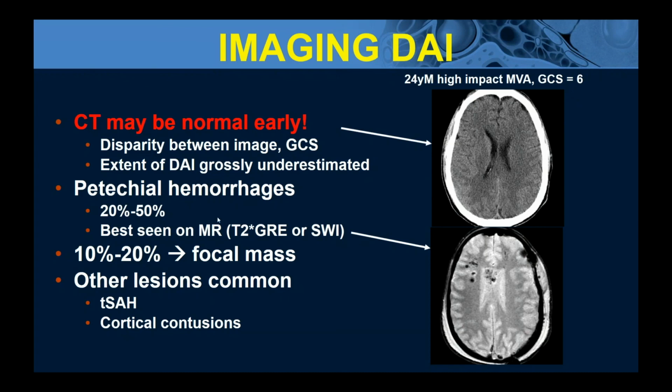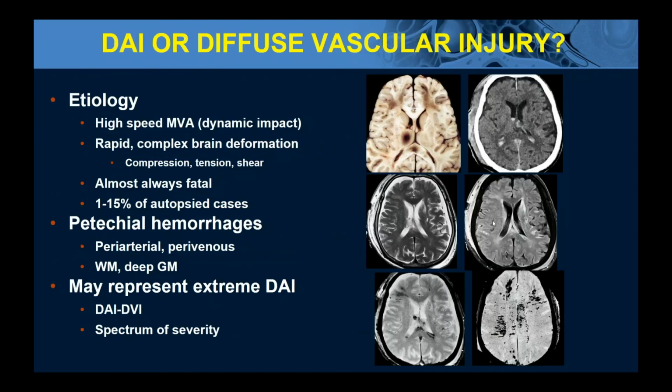Well, if you get an MR scan in these patients, we can sometimes see these tiny little petechial black spots, and those are these axonal, hemorrhagic axonal injuries. Sometimes it can be really bad. Here's an autopsy case. Sometimes it actually can be called diffuse vascular injury because it injures so many blood vessels.